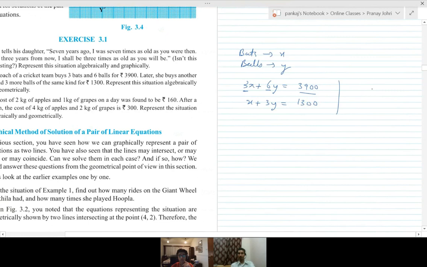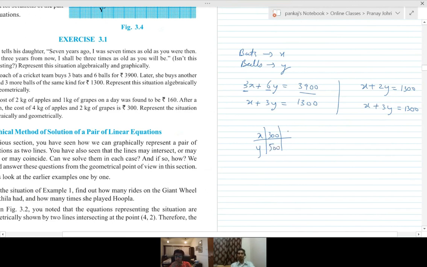If we remove it, we'll have 2y is equal to 1,000. Now we can take x as 300 and y as 500.